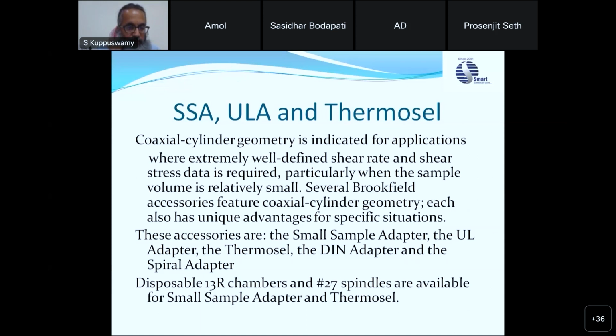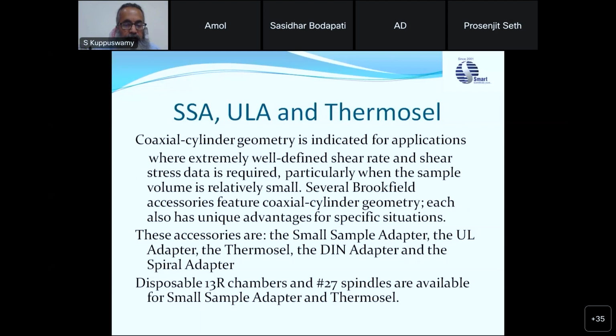The minimum volume required is somewhere around 4 ml to 16 ml. It depends on the type of spindle that we are using. In small sample adapter, there are 5 to 6 different spindles available with different ranges. So depending on the spindle and the sample holder size, the sample volume varies.